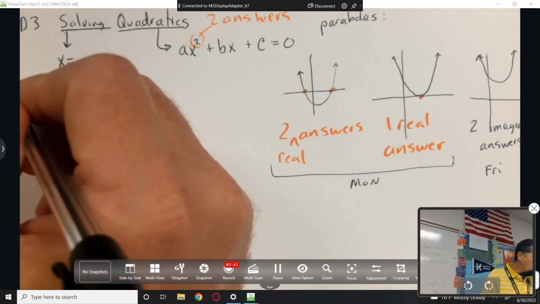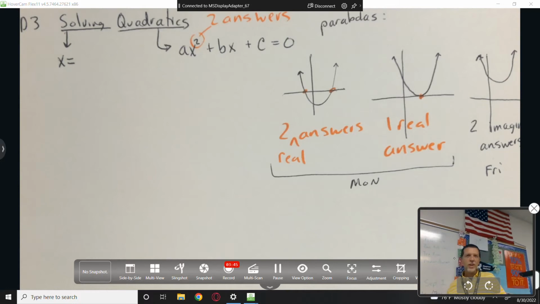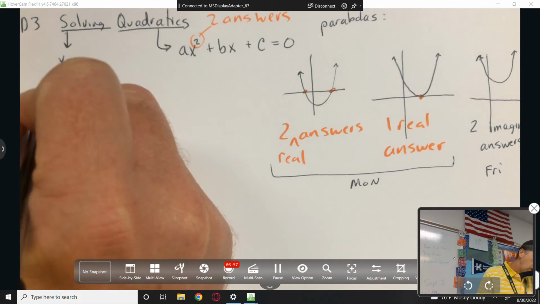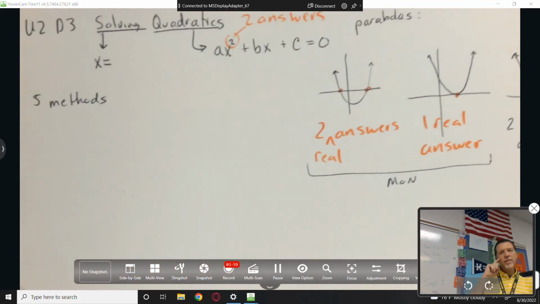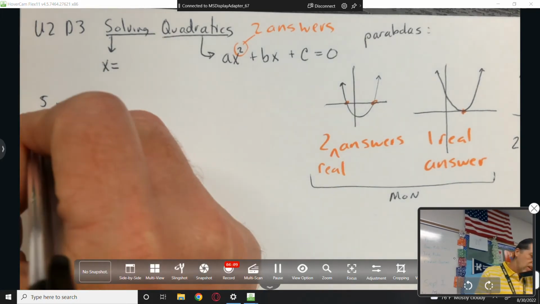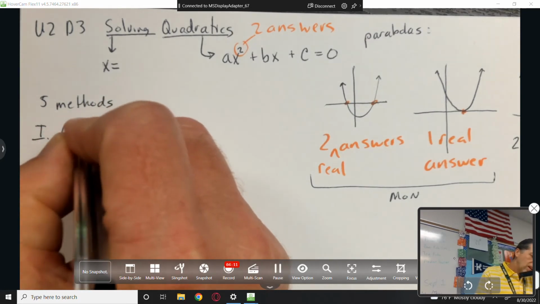Methods. Well, it kind of depends on who you ask and what you're talking about as to how many methods there are. I'm going to say there are 5 methods. There might be more than that, but for solving these, I'm just going to throw off my numbering, but I'll figure it out. Method 1 is with a calculator.